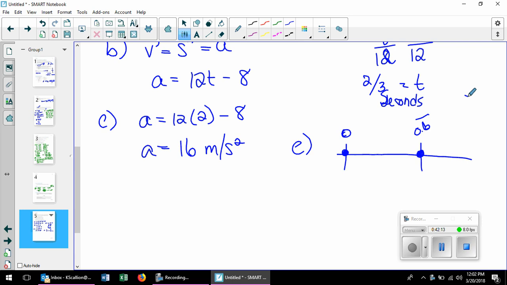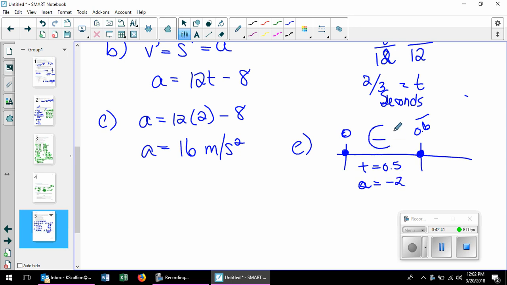All right, what value are you going to pick between 0 and 0.6 repeating? 0.5 sounds great. So what's our acceleration when time is 0.5? -2.